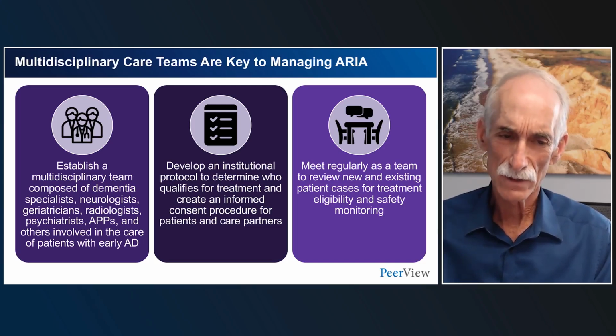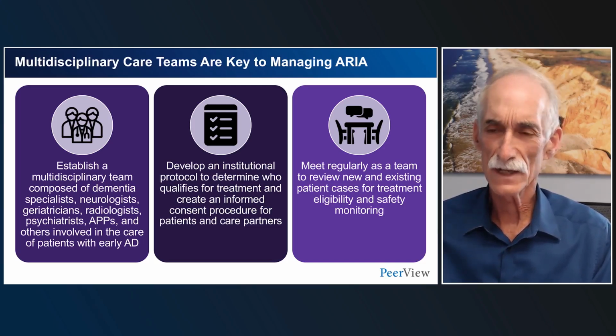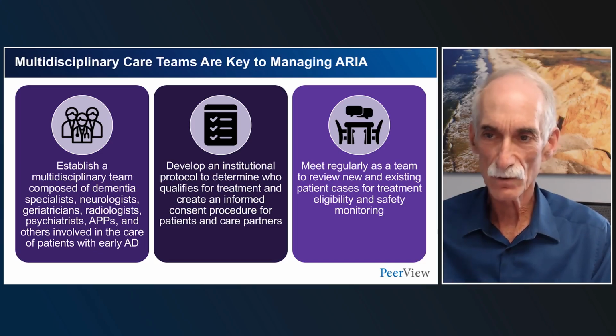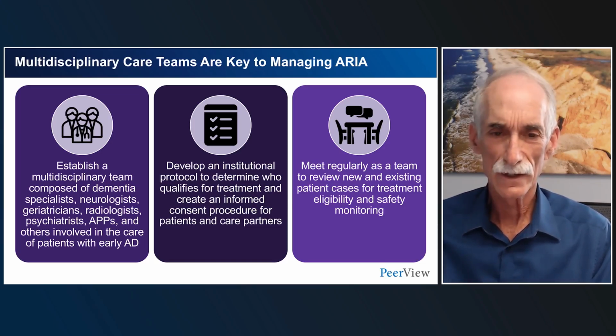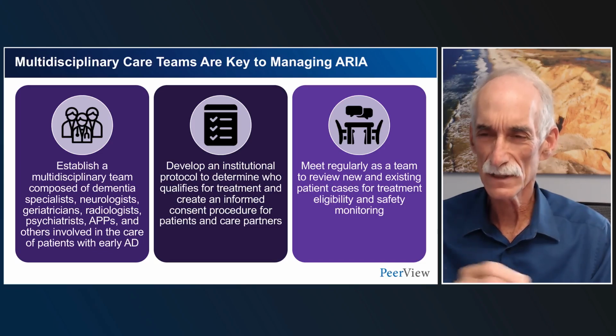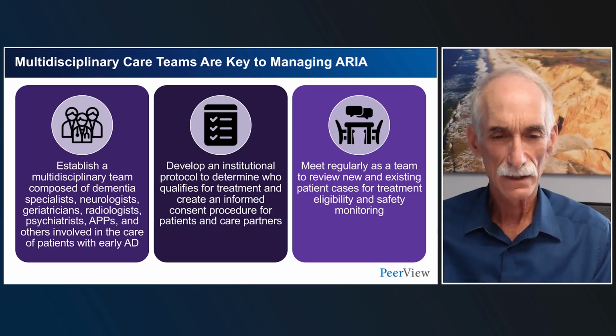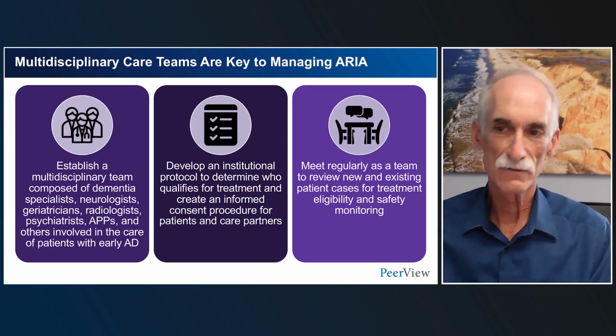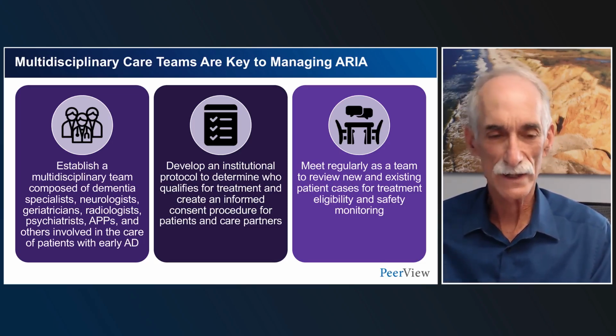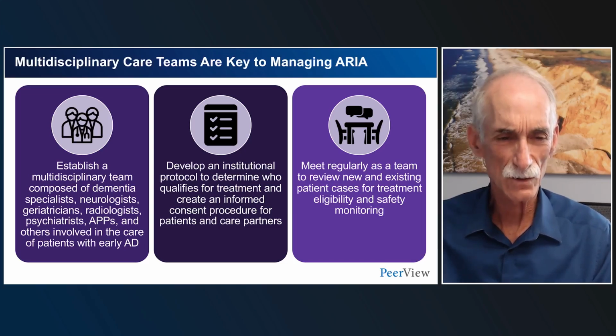We also, at our center, obtain written informed consent, where we describe to the patient what their risk is based on their own comorbidities and APOE genotype, and tell them what can occur, and that if they are an appropriate candidate and want to proceed, they accept that risk. So it's good to have that in writing, and you may need to renew that if they develop more serious ARIA along the way and want to resume. Again, that's an ongoing discussion.